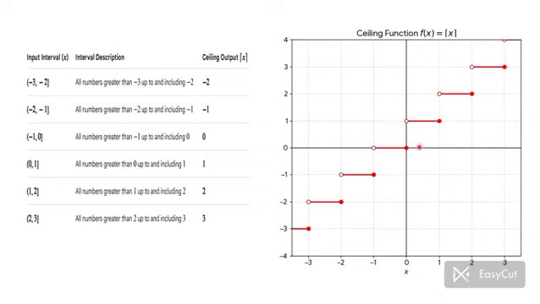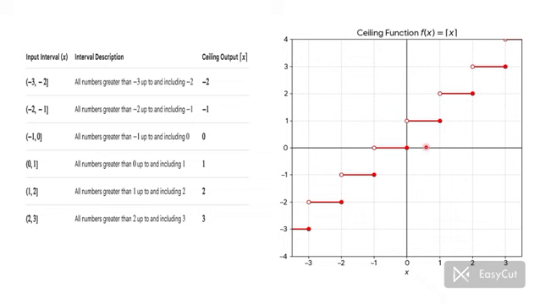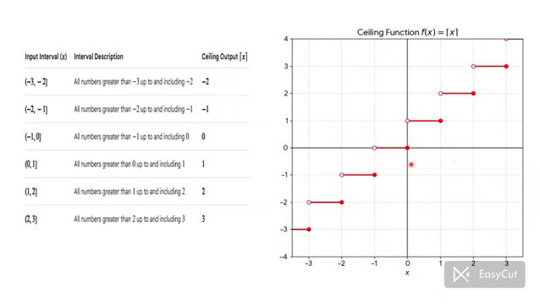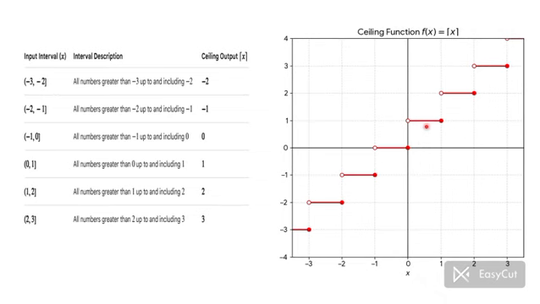Now we observe the non-integers. Here is approximately 0.2. What is the left hand limit? We approach 0.2 from the left hand side. Of course, it has the limit 1. From the right hand side, it also has the limit 1.